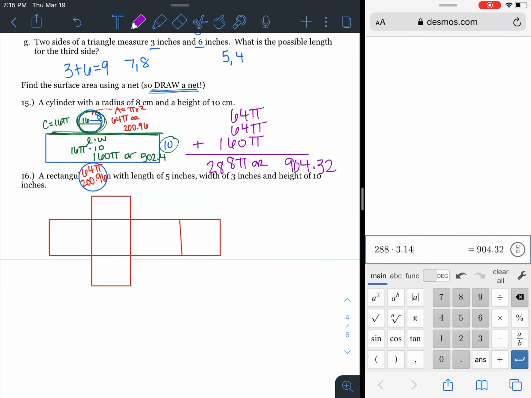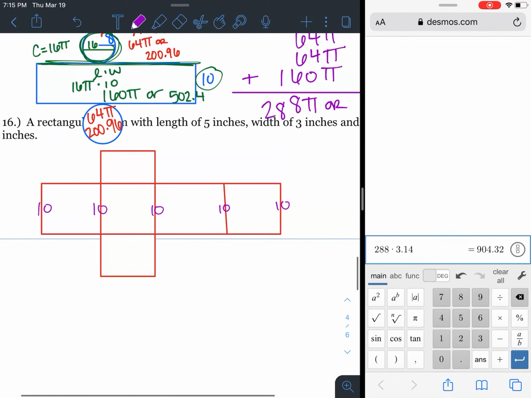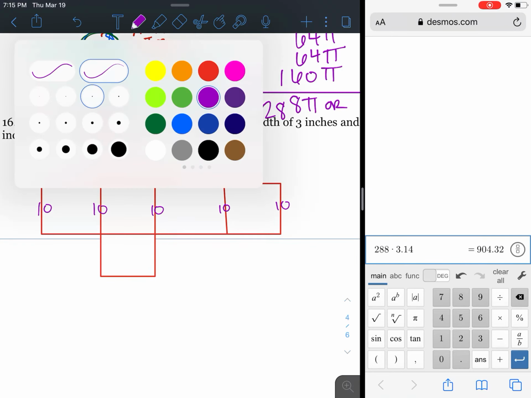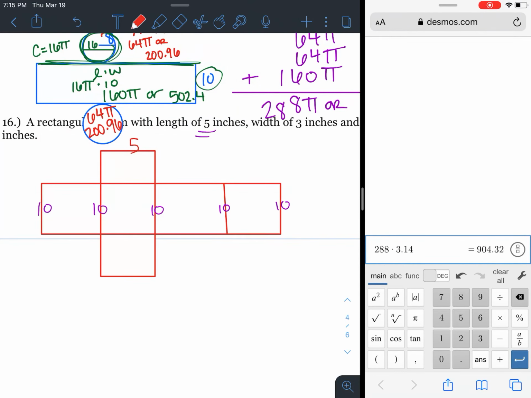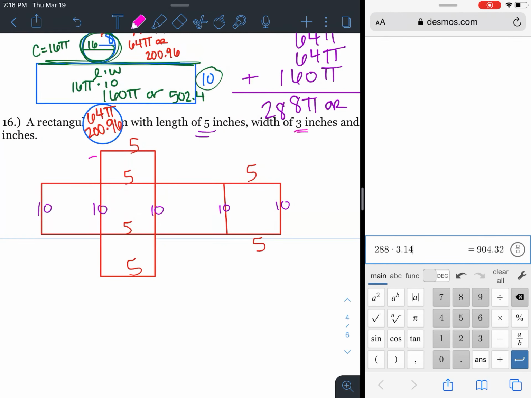To label them, find it easiest to start with the biggest one, and that goes down the center. So then the next biggest kind of makes the T with it. So 5, 5. And then these would also be 5s. So then the only thing left should be the smallest, and it goes with the corners.